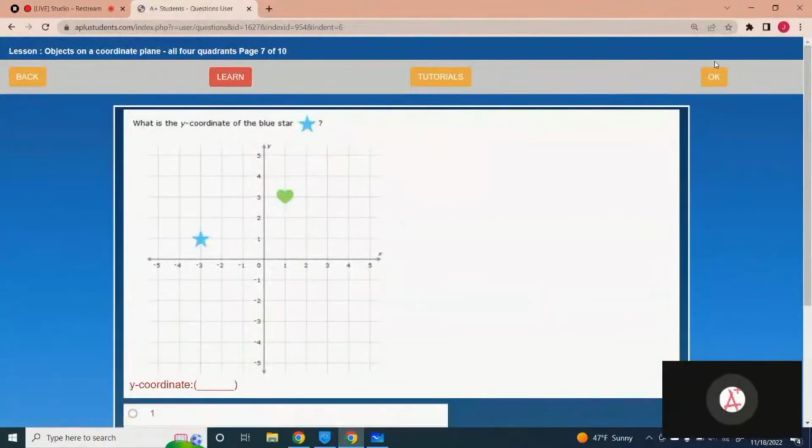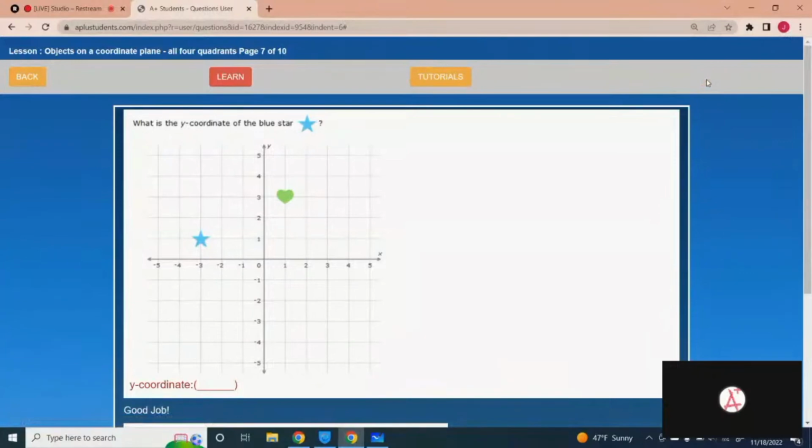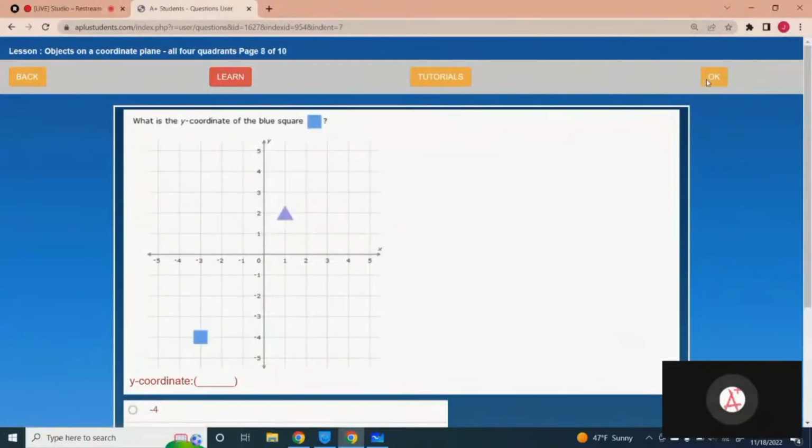Okay, what is the y coordinate of the blue star? The y coordinate of the blue star is 1. Just select the correct option then click on the OK button. No, x is -3, y is 1.